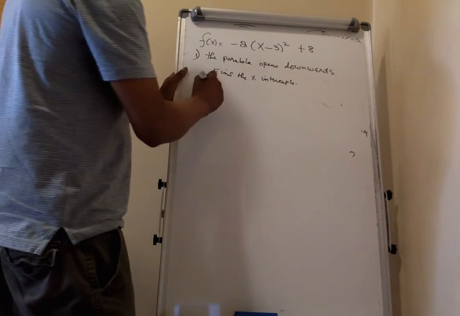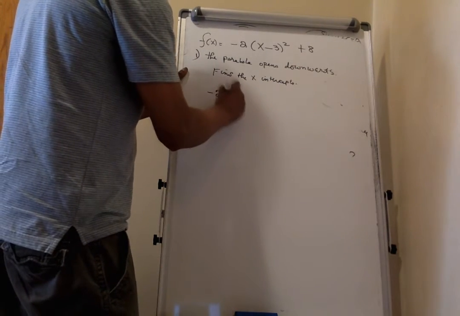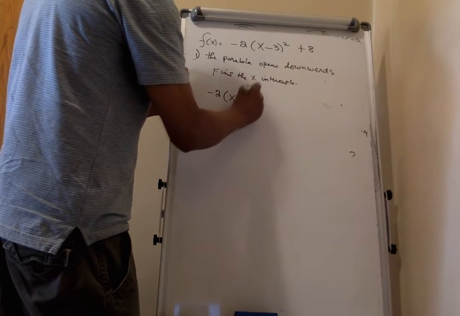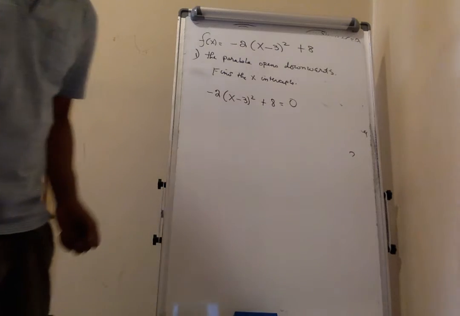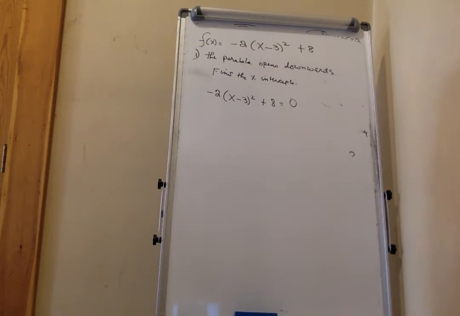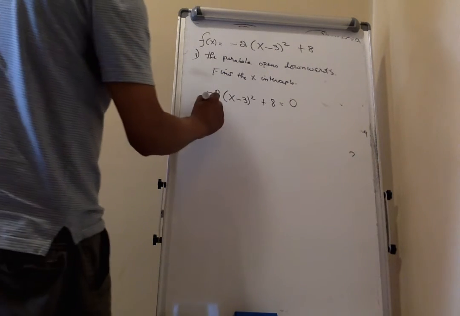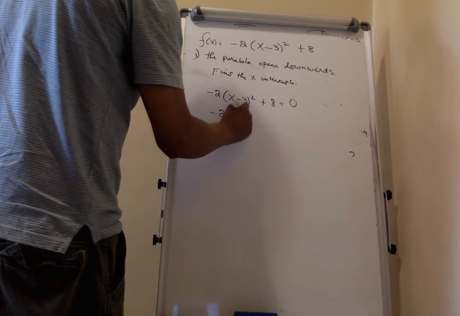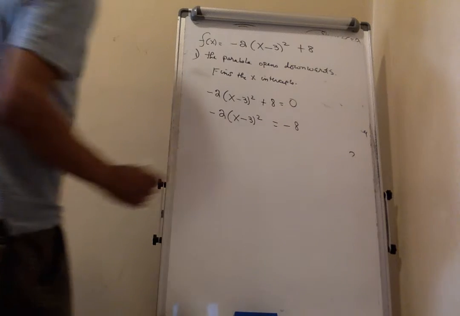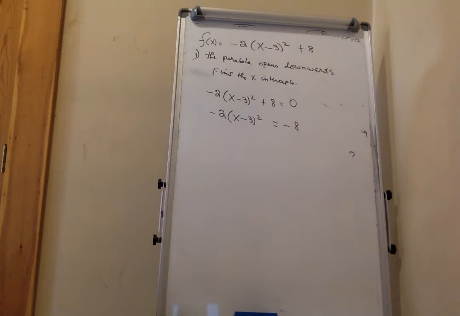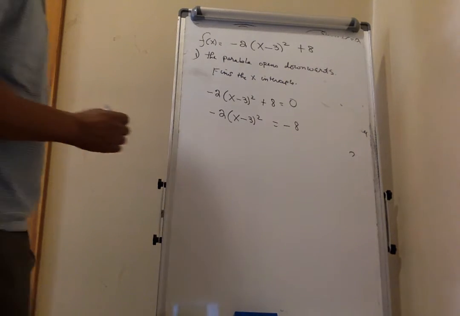So, all you need to do is what? -2(x - 3)² + 8 is equal to 0. So let's go ahead and do that. -2(x - 3)² is equal to -8. Divide both sides by -2.